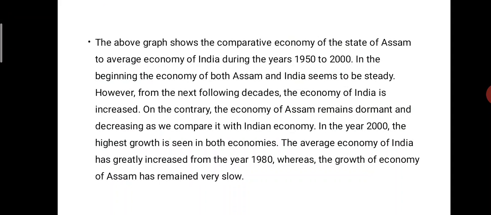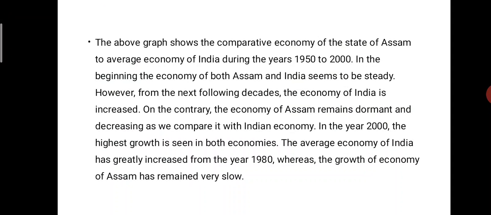On the contrary, the economy of Assam remains dormant and decreasing as we compare it with the Indian economy. In the year 2000, the highest growth is seen in both economies. The average economy of India has greatly increased from the year 1980, whereas the growth of the economy of Assam has remained very slow.